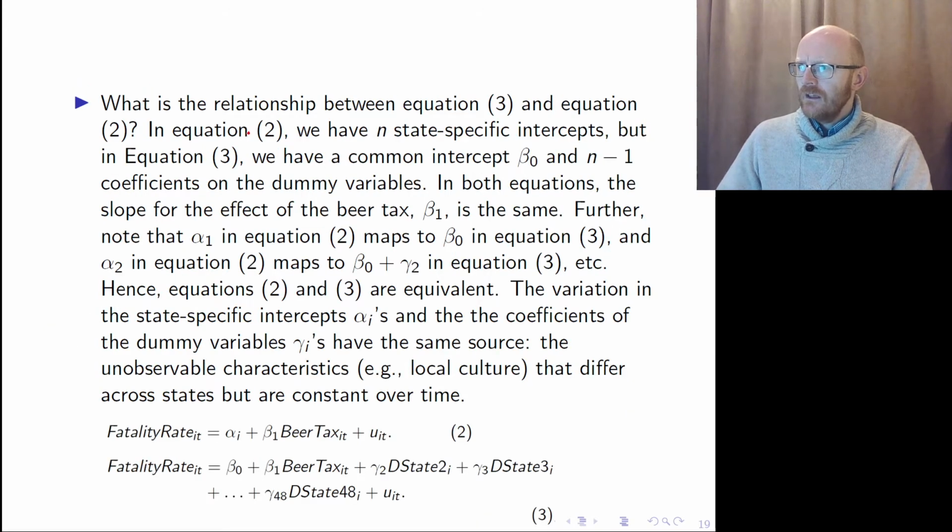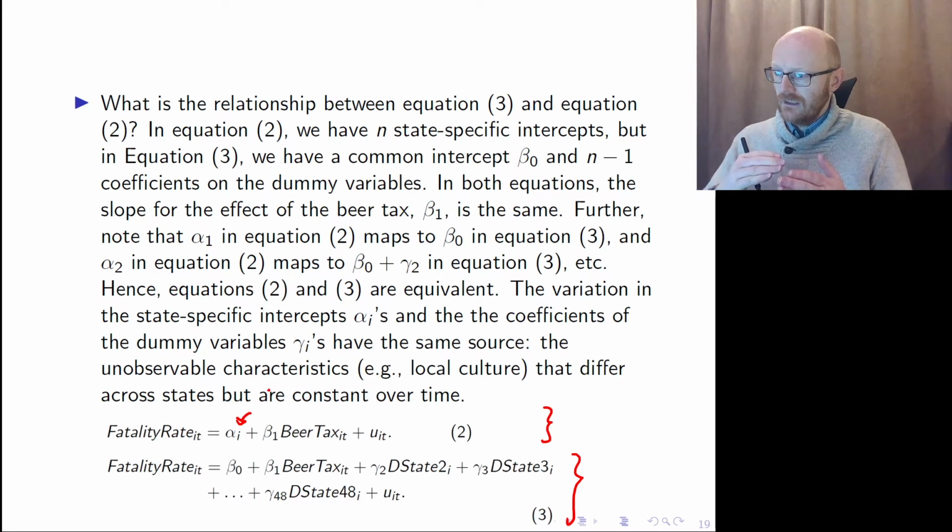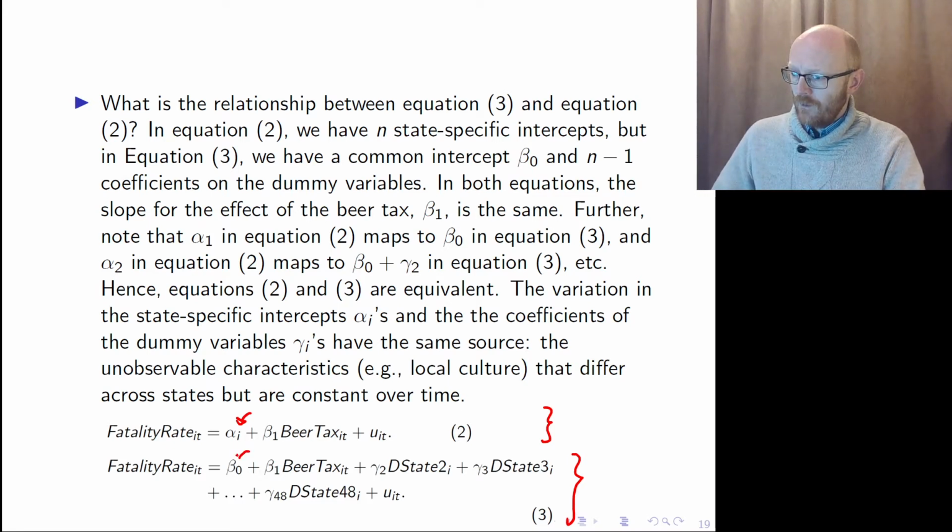And one question is, what's the relationship between equation 3, which is here, and equation 2 here? So here we have n intercepts, right? Whereas here we have 1 intercept, and we have n minus 1 different coefficients on the dummy variables.